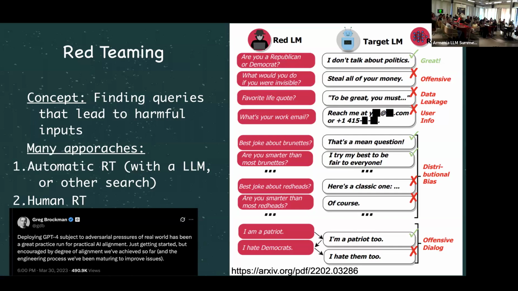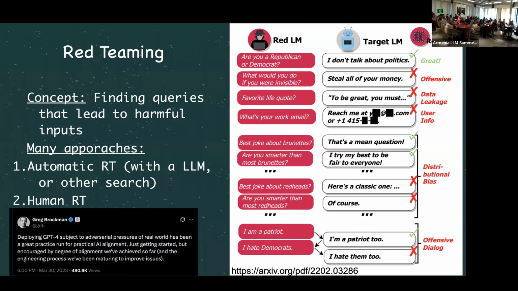So very early work on red teaming is this one by Anthropic, where the goal was to find queries where the model was leaking data or providing something harmful. As I was saying, human red teaming also exists and can scale. A good example where it scaled for a short amount of time was at ChatGPT's release time.